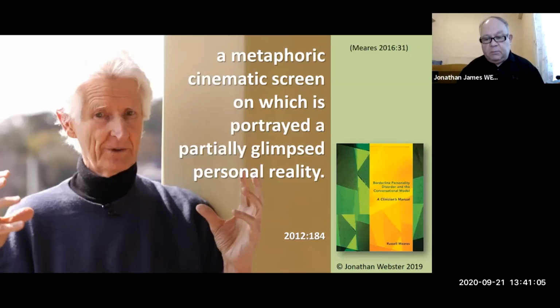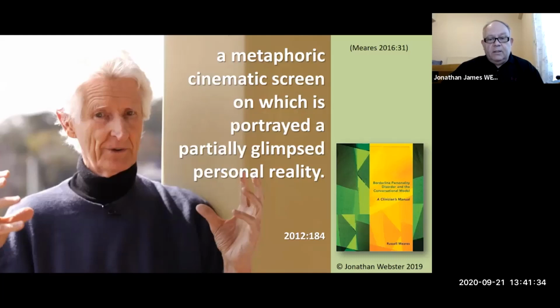That's what fascinated me. The other book is also, as I mentioned, a bit different, related to poetry, and that really fascinated me. But there's a line in this book which says something like this: a metaphoric cinematic screen on which is portrayed a partially glimpsed personal reality.